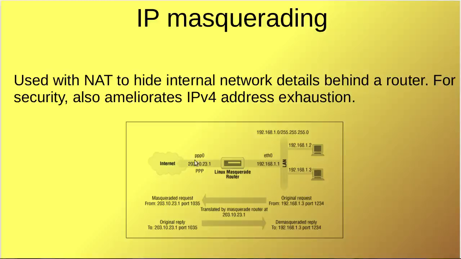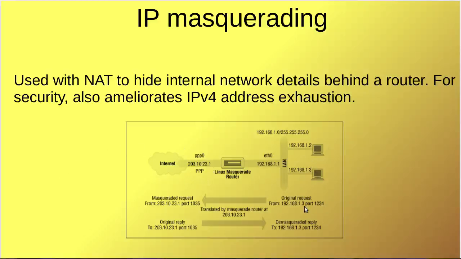And so when these two machines, for example, access the same site on the outside, even though they're two separate machines, to the outside connections it will look like both of these machines have the same IP address, 203.10.23.1 or whatever.